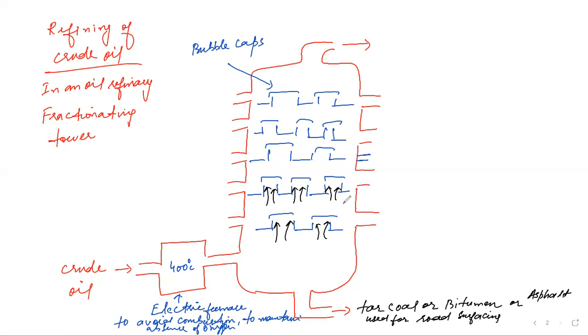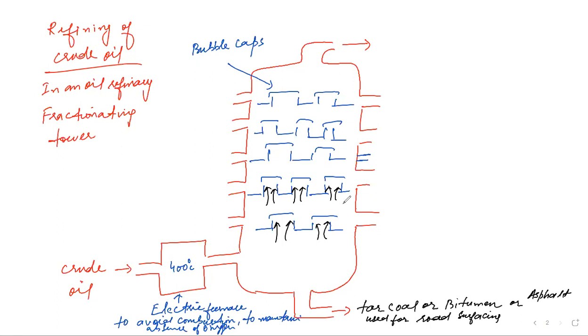So Sahil, which fraction should condense first? The one with a boiling point of 370, 380, 350, or the one with a boiling point of 50, 60, 70? 50, 60, 70. Wrong. When we heat a substance, the substance with low boiling point boils first.